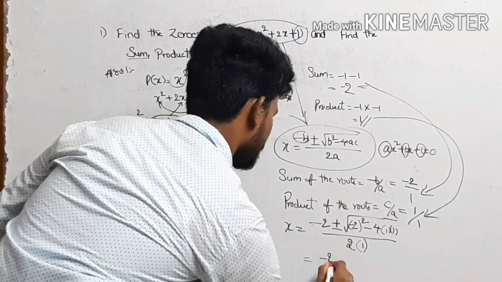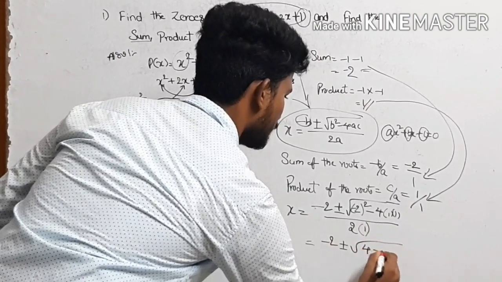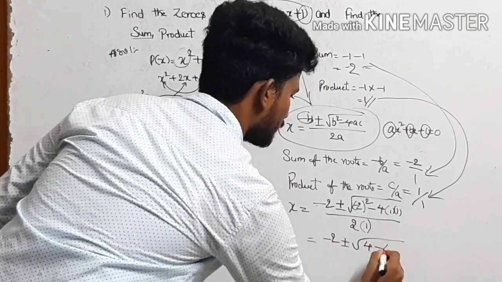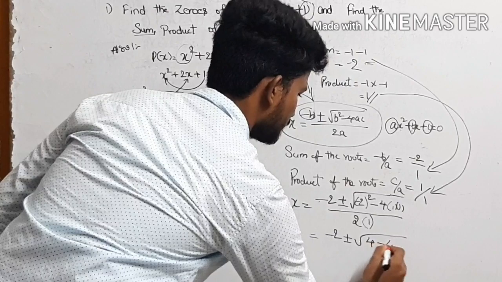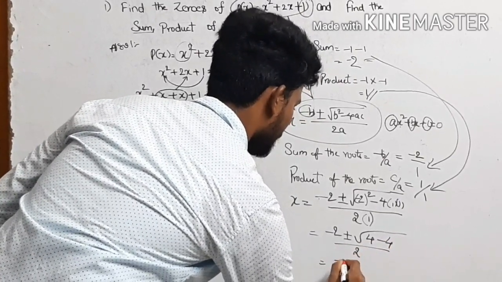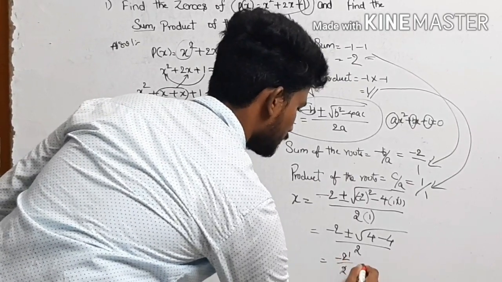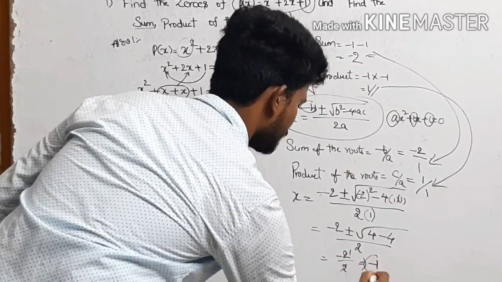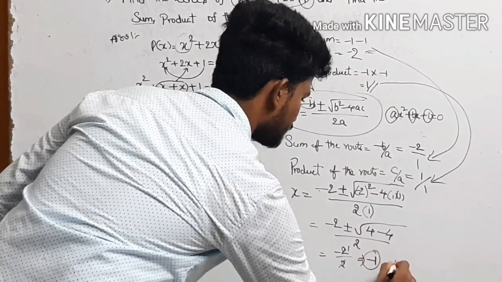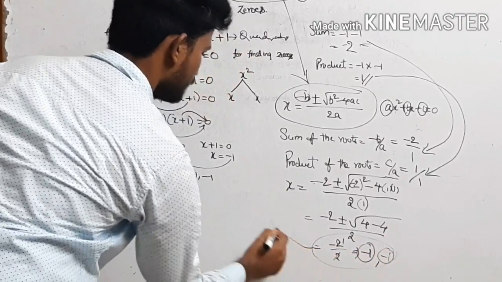We can write this as minus 2 plus or minus root of 4 minus 4 by 2. This becomes 0, and minus 2 by 2 is minus 1, and the other root is also minus 1. These roots are equal to this.